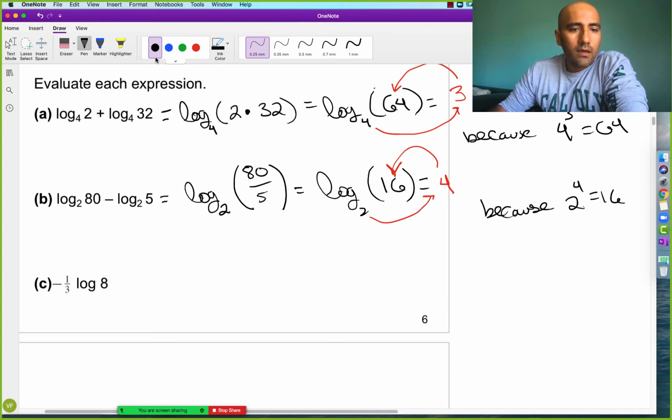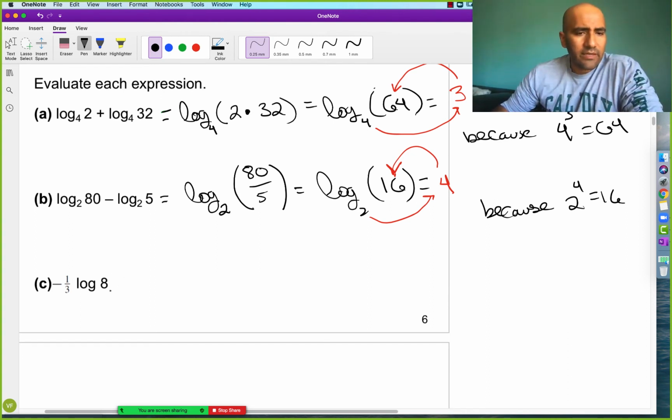Okay, this last one, how do we simplify this? Well, we can use the cube root of this thing to get us to a 2. There isn't going to be a simple, happy little answer, but I think maybe we can just approximate it with a calculator. That's probably the intention here. So we can just use our properties to rewrite this a little bit.